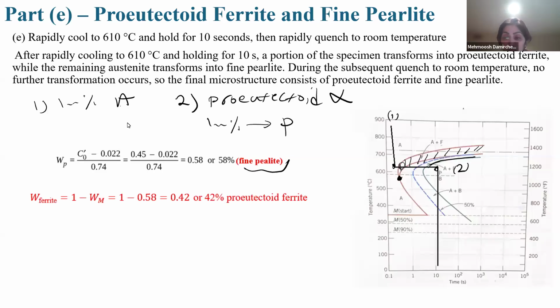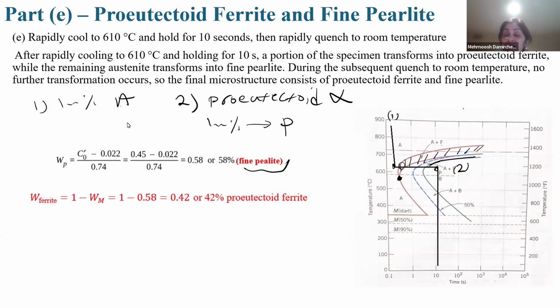That's all for today's deep dive into TTT diagrams, where we explore how austenite transforms into perlite, bainite, martensite, tempered martensite, spheroidite, and I talk about the properties of all of them, and talk about proeutectoid phases.